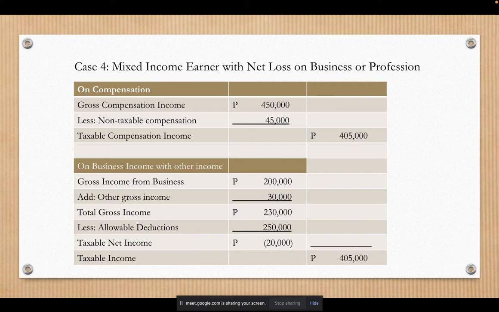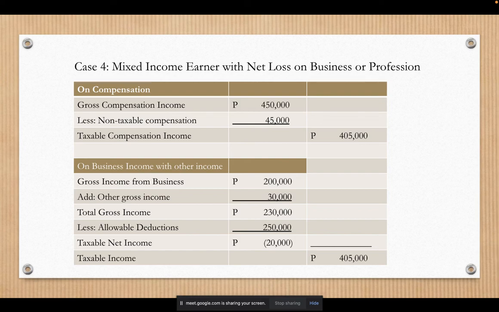Nag-add siya ng other gross income niya na 30. So total gross income niya is 230,000. But the allowable deduction is 250,000 and therefore the taxable loss, net taxable income is negative 20,000. So loss yan, no? So hindi siya taxable. Net loss siya of 20,000. Notice na yung 20,000 hindi natin dinideduct doon sa compensation income.